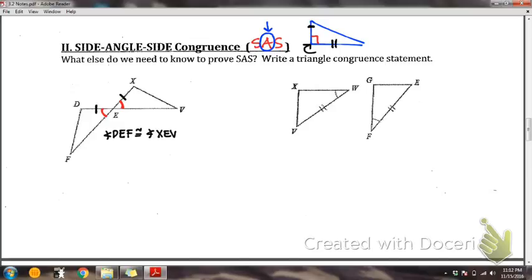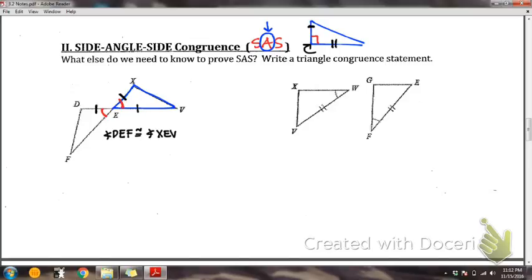So let's just look at this top triangle. Here's my side. Here's my angle. If I choose this side right here, would you agree that the angle is in between the two sides, right? The angle is included, the angle is in between. That's what I want for side, angle, side.